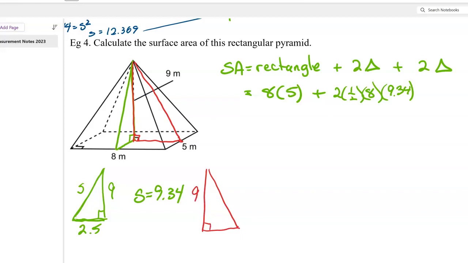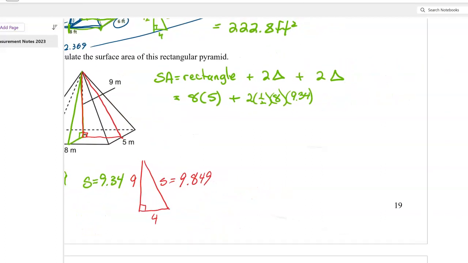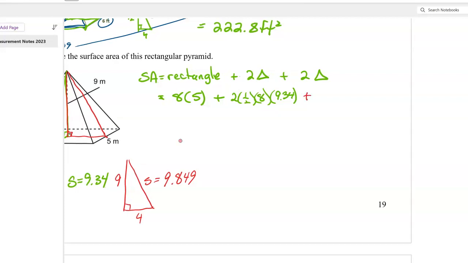I can see that the height is 9, and this base is half of 8. So it's 4. So this slant height turns out to be 9.849. And that's what I will put in my second triangle. So 2 times 1/2 times 5 times 9.849.